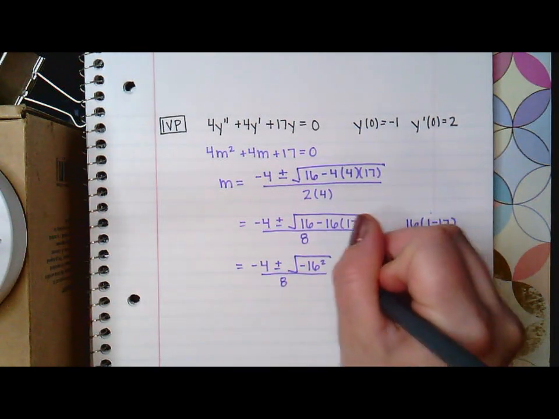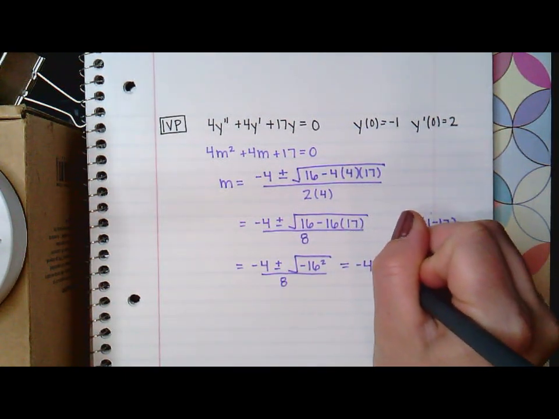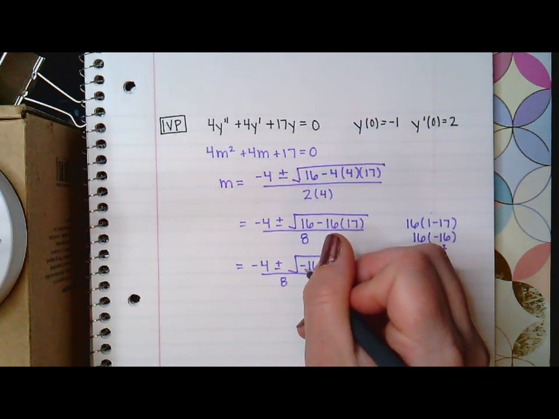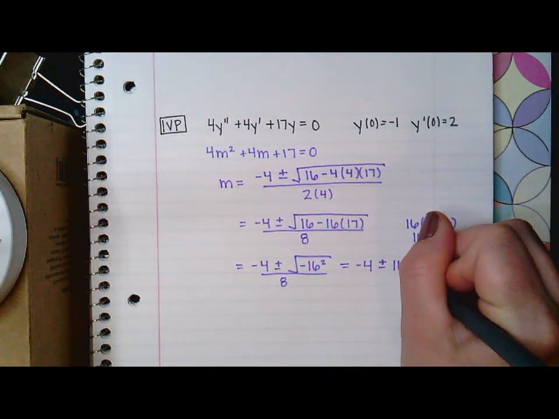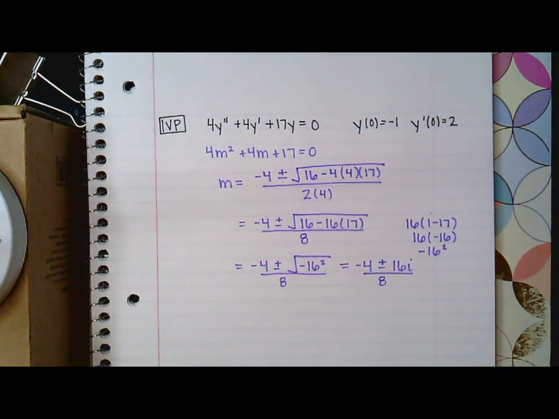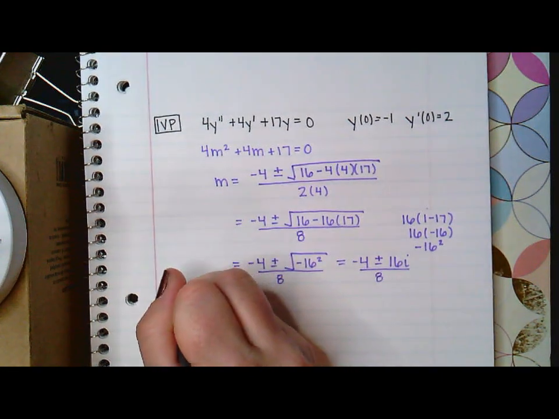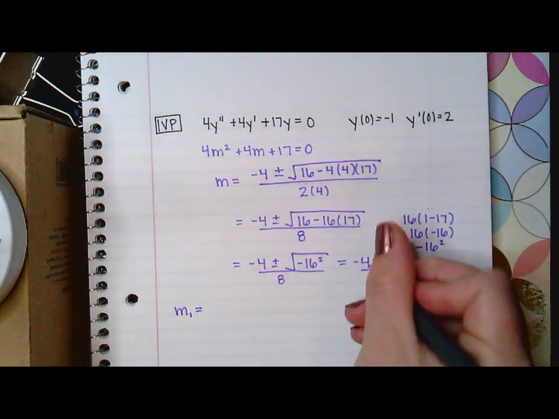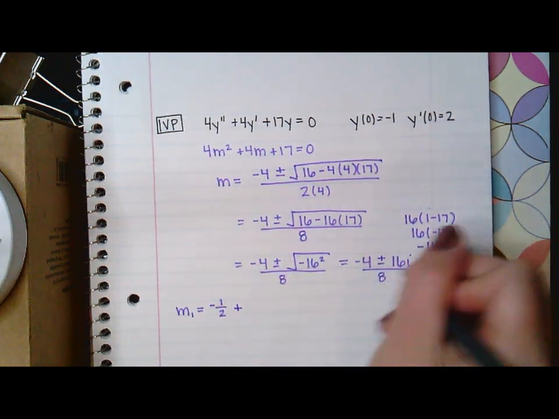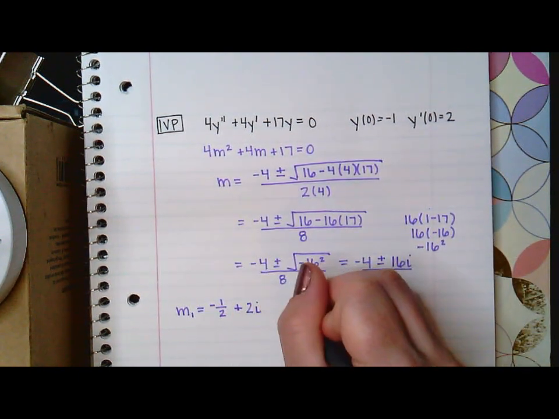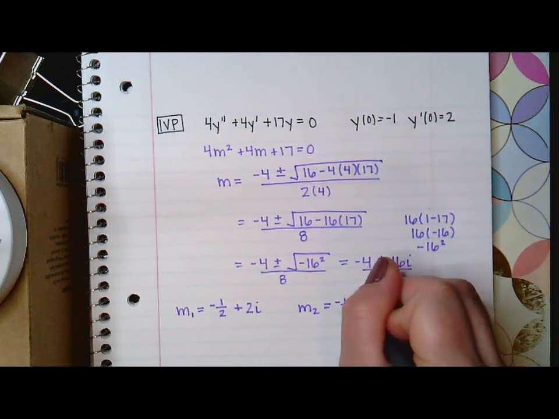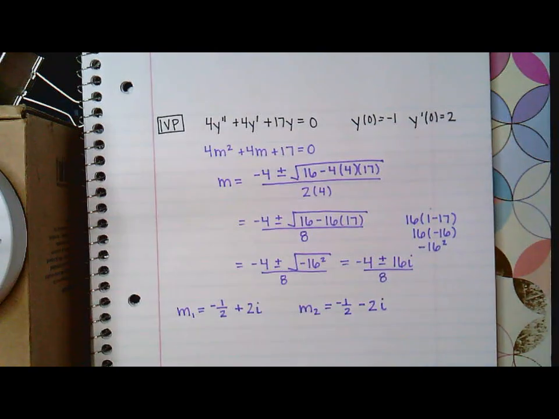All right, in this case, we then have plus or minus, well, square root and squared cancel, makes this 16i. And so I'm going to get that m1 is going to be -1/2 plus 2i, and m2 is going to be -1/2 minus 2i.